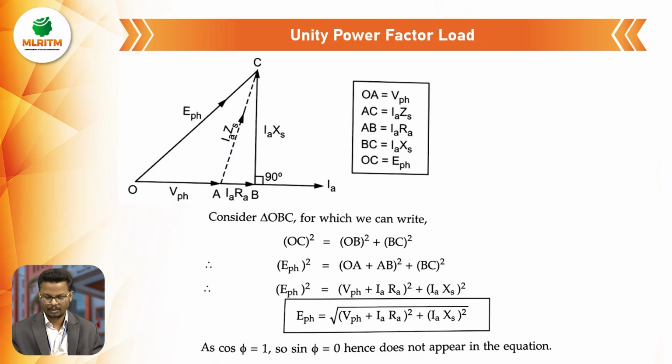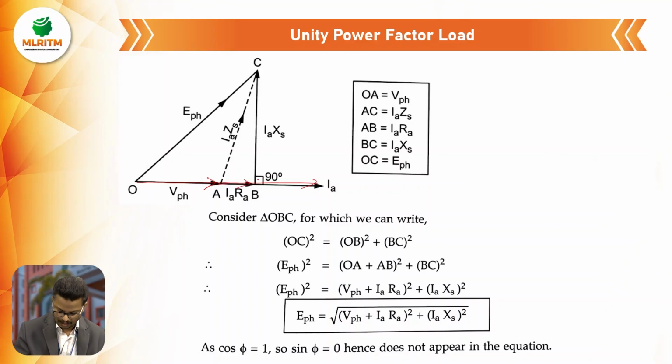The next one is the unity power factor. Here we take the current Ia as the reference. We know in the unity power factor, the voltage and current are in phase. So the IaRa drop is also in phase.